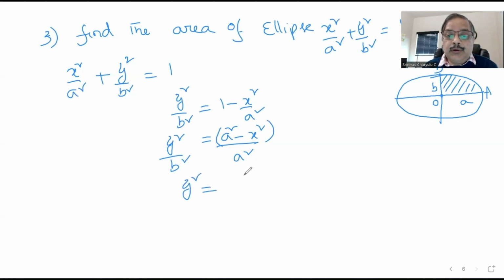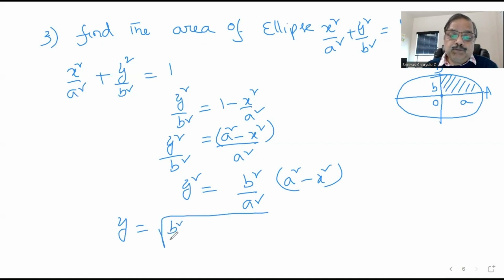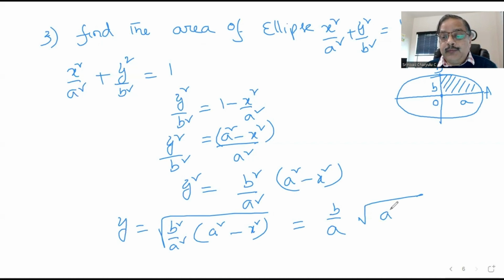So y square is equal to b square by a square into a square minus x square. Therefore y is equal to root of b square by a square into a square minus x square, which is nothing but b by a root of a square minus x square. So we brought out a single expression for y.